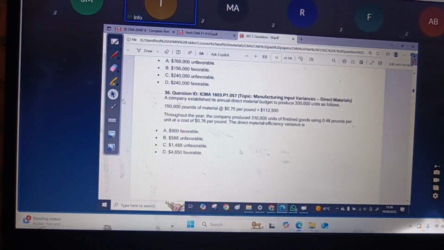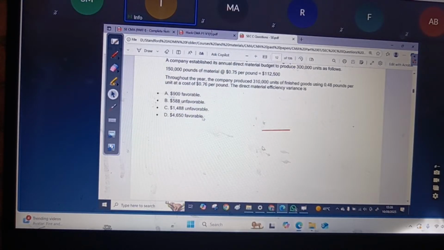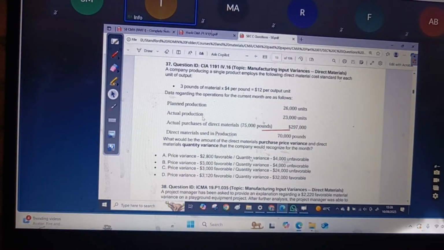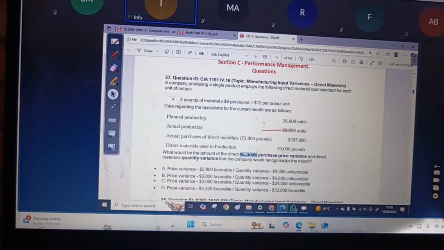Same, can you solve this? Material company established annual direct material budget to 300,000 units as per. No, this is not confusion. Can you solve this?